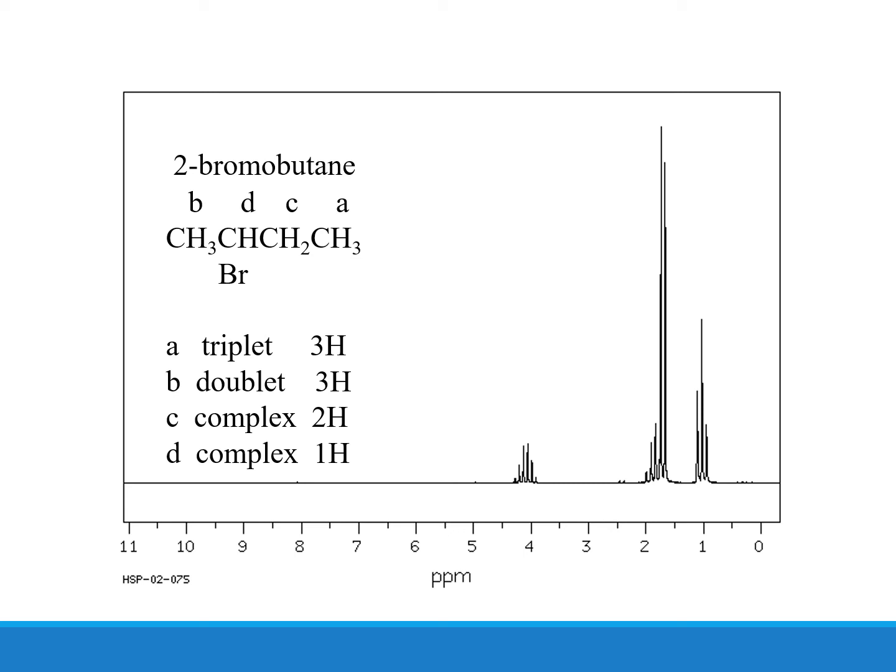So the basic thing is take your reference carbon, the carbon bonded to any heteroatom, preferably an electronegative atom, and count or fix the number of hydrogen atoms there, and try to interpret the splitting of the other hydrogens with respect to that hydrogen and with respect to the successive hydrogens.